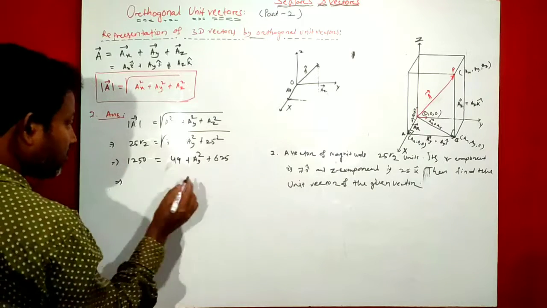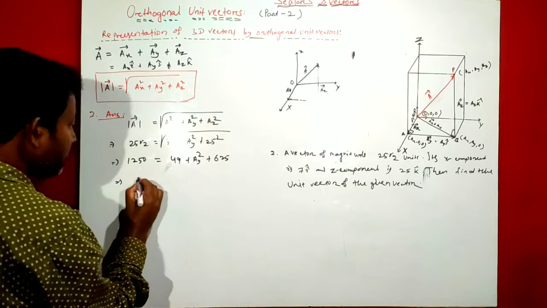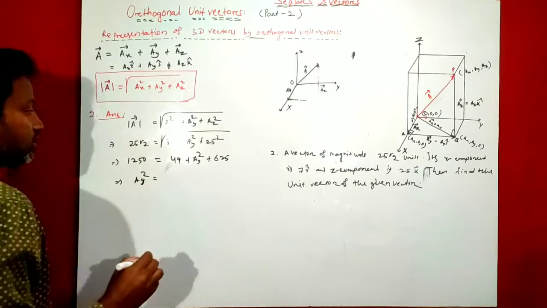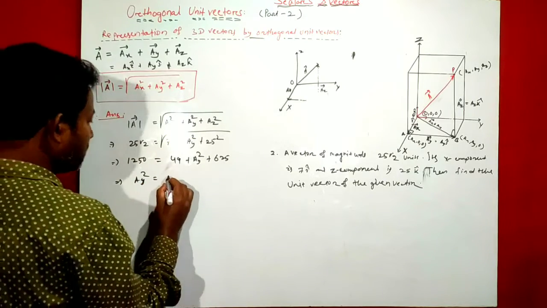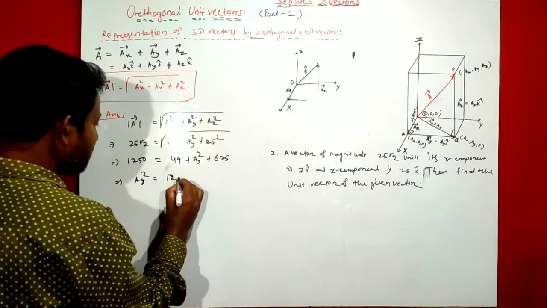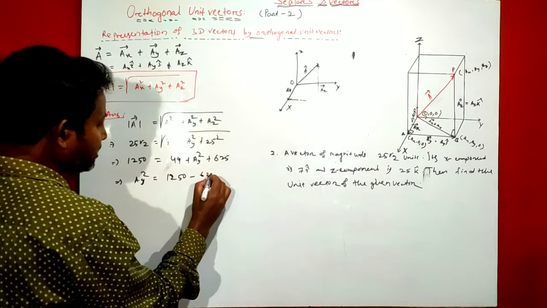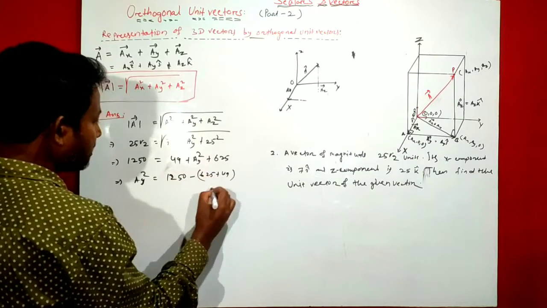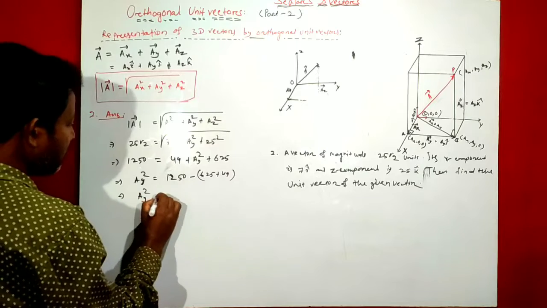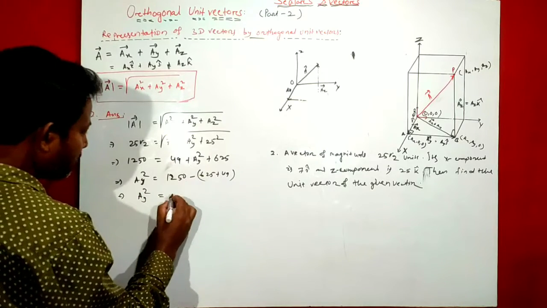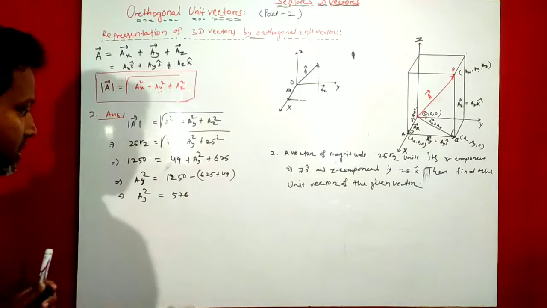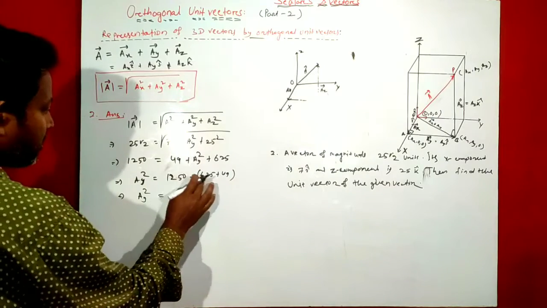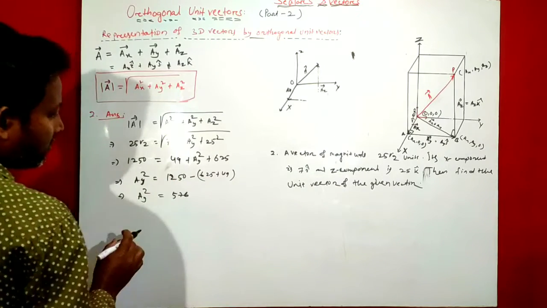So a y square is equal to 1250 minus 625 minus 49.